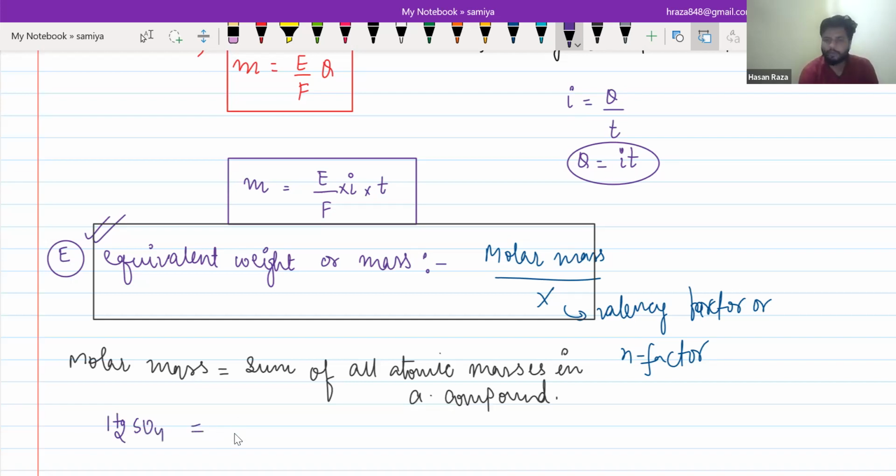We know the atomic mass of hydrogen is 1, and since 2 hydrogen is there, I'm going to multiply it by 2, plus sulfur is 1. What is the mass of sulfur? 32. So 1 into 32, plus oxygen is 4, and 1 oxygen has atomic mass 16. If you add it, you will get 98 gram. So this is molar mass, and we can easily calculate the molar mass of any compound.